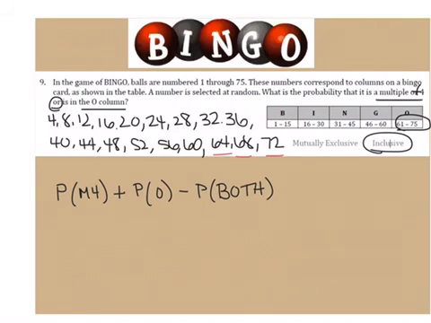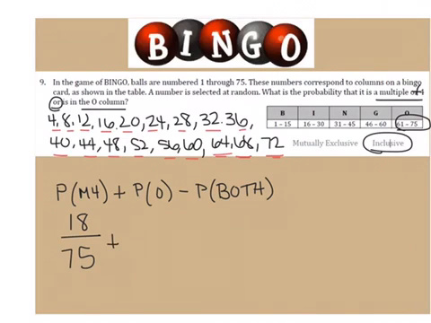So I'm going to find the probability of just a multiple of 4. Well, when I listed all of them out, I got 1, 2, 3, 4, 5, 6, 7, 8, 9, 10, 11, 12, 13, 14, 15, 16, 17, 18. 18 out of the entire bingo board, so 75.